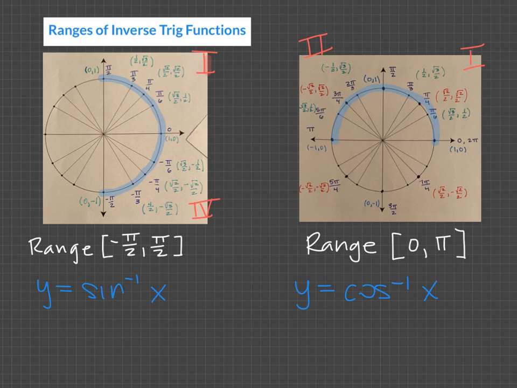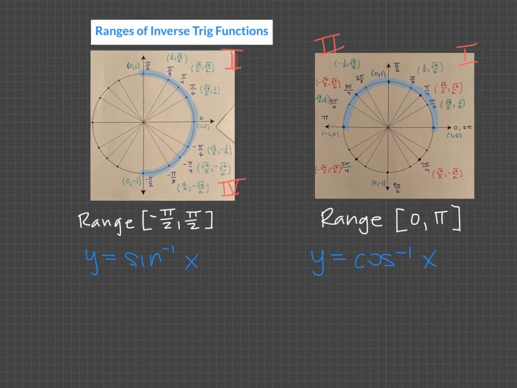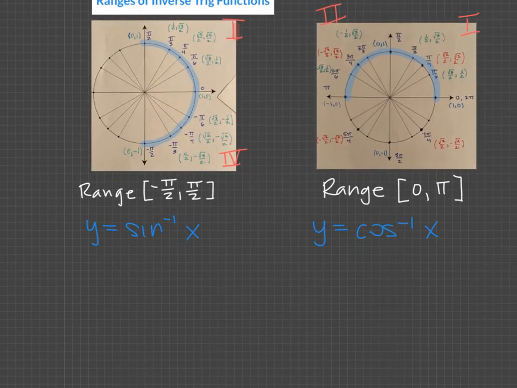Now there are 4 other trig functions that we haven't looked at as far as their inverse functions go. They work similar to sine and cosine, where we're going to have a limit on the range of the inverse function. The ones that have the same limit on the range as the inverse sine are tangent and cosecant.